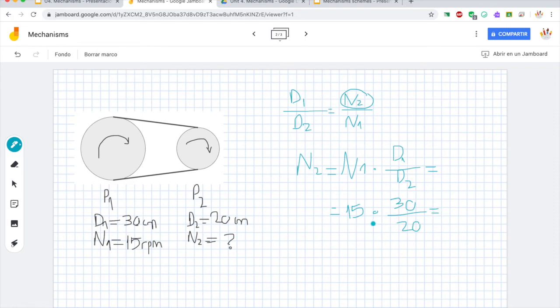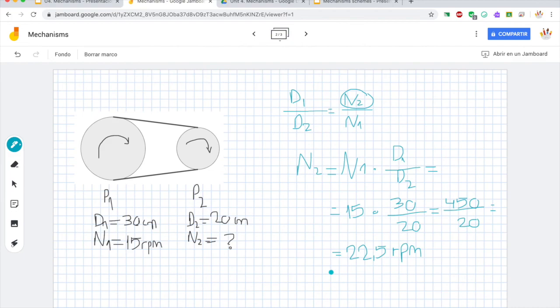And this is 15 times 30, 450, divided by 20. So the final speed is 22.5 revolutions per minute. And there we have it.